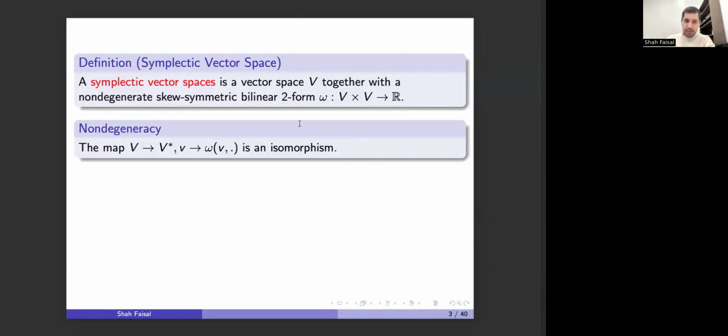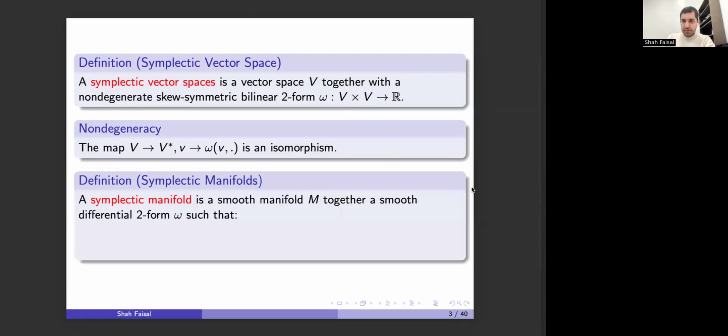If you fix a vector in one component, you get a linear map from V to R. So this way you can define a map from V to its dual by sending a vector to its omega dual. And non-degeneracy means that this map is an isomorphism. Okay.